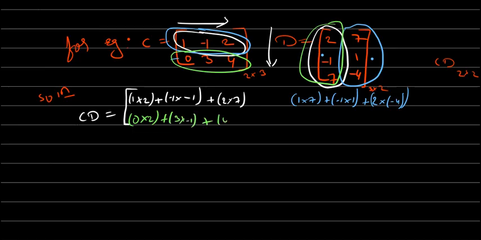Hope you people understand. When you complete this first column, you are multiplying the same row with the second column, then you need to write, okay, this second row with this second column. I think you people are getting this one.